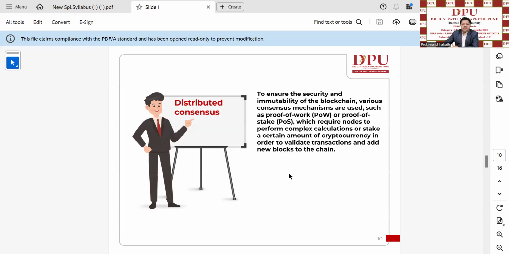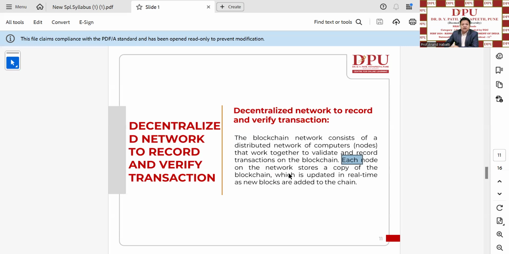So this is the second pillar of the blockchain mechanism. The first pillar is cryptography. The second pillar is the consensus model. And the third pillar is the decentralized network that will record and verify the transactions.